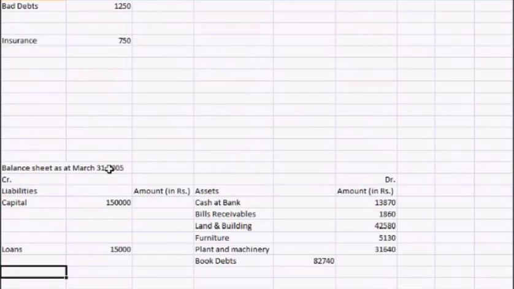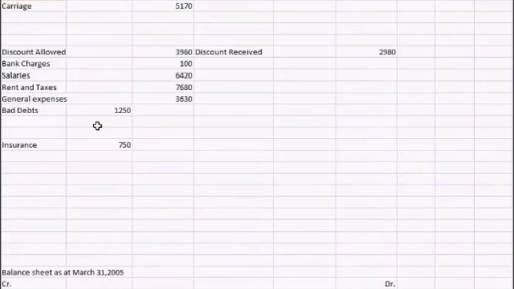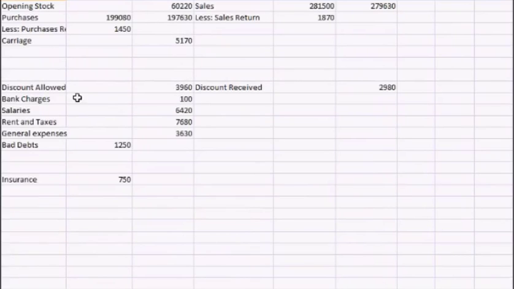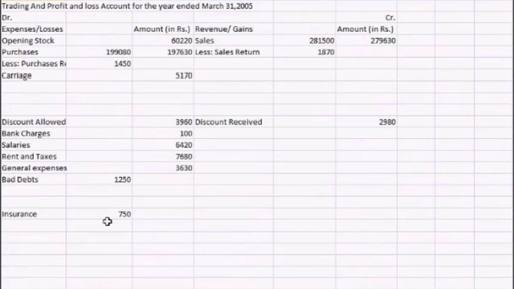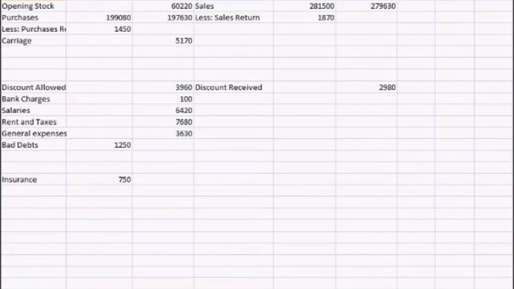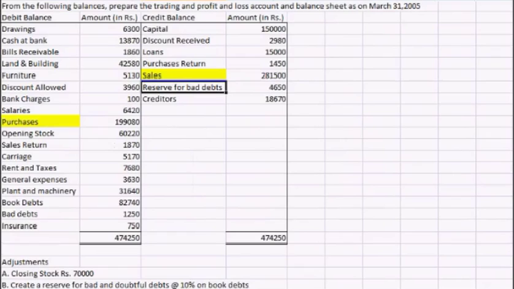We'll enter that in our profit and loss account.